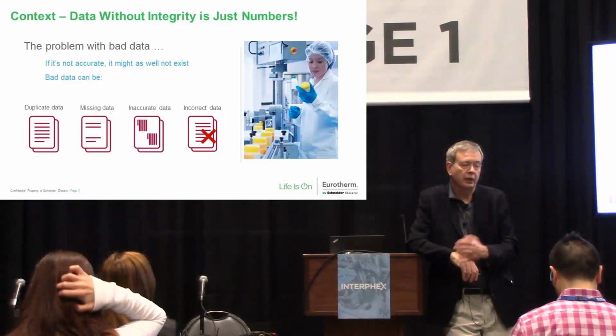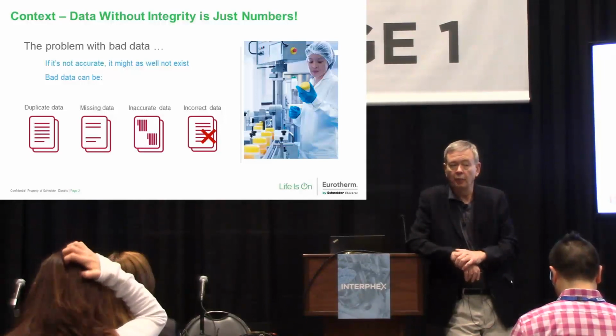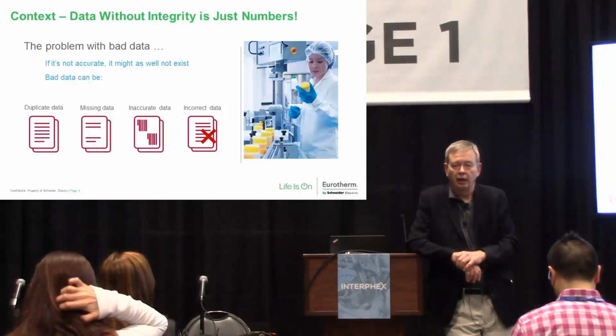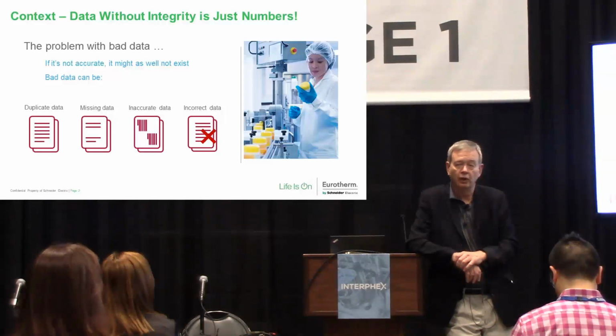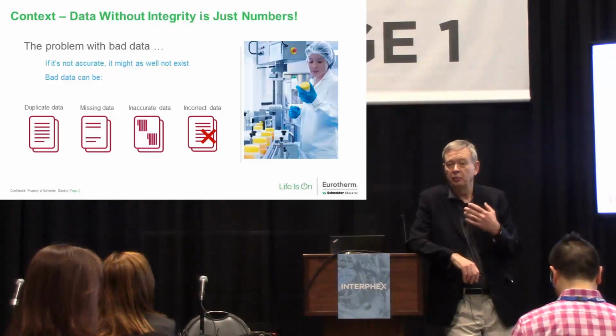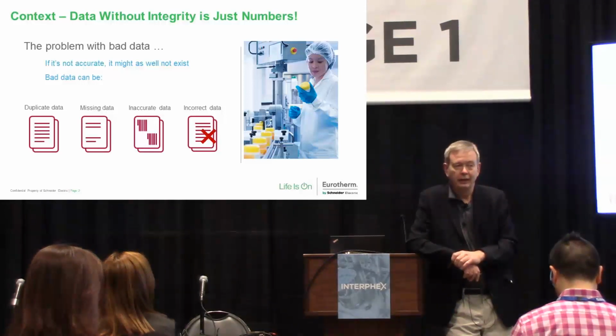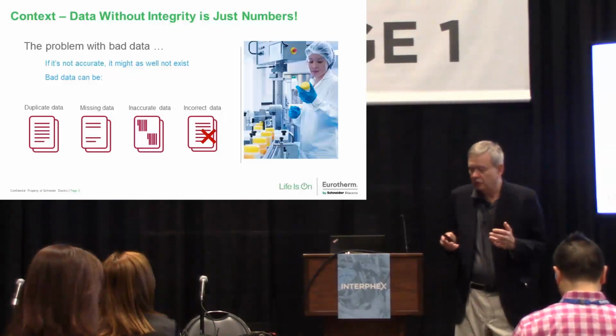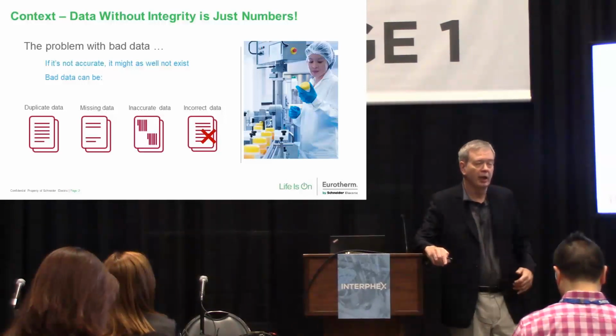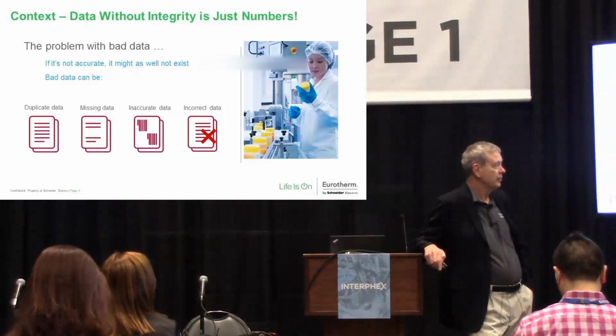And then you always have the risk when you're upgrading your systems: maybe the data isn't necessarily corrupted, there's no loss of data integrity, but perhaps you end up in a situation where the data you once had access to, you no longer have access to because you're on a new system. So there's just a host of things that can go wrong to compromise data integrity within our business.